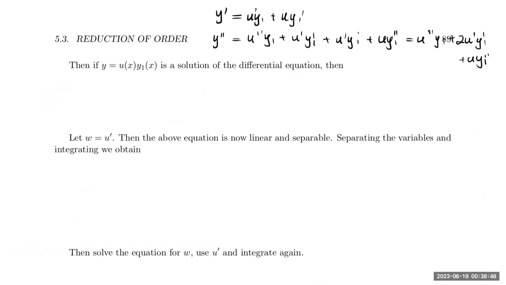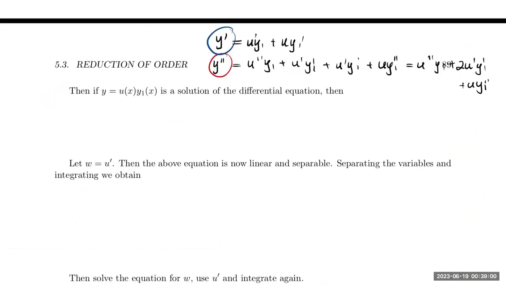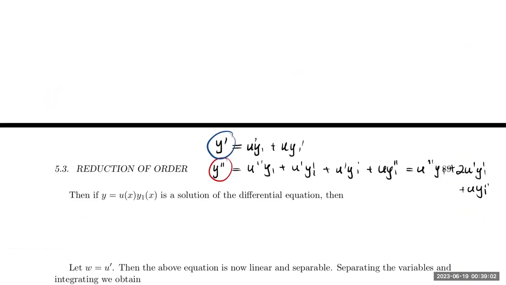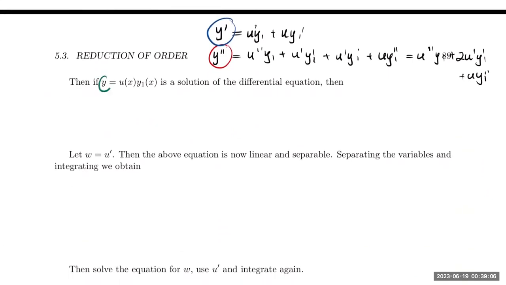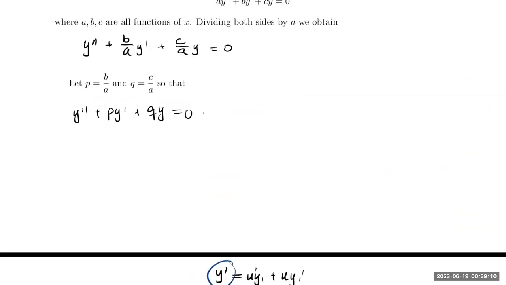So let's go ahead and substitute this back into the differential equation that we had put out here. I'll denote y double prime using red, the y prime I'll denote with blue, and the y, I will denote by green. So for the first thing, we have the y double prime up here.